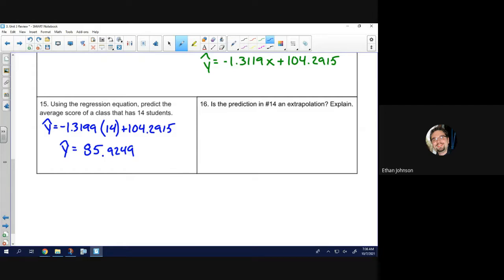Then 16 is asking, is the prediction in number 14, so it meant to say the previous problem, an extrapolation? Explain. So the value that we plugged in is 14.